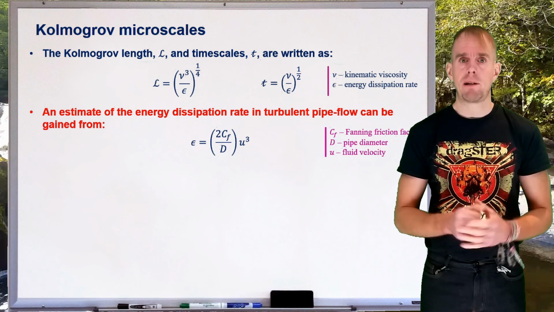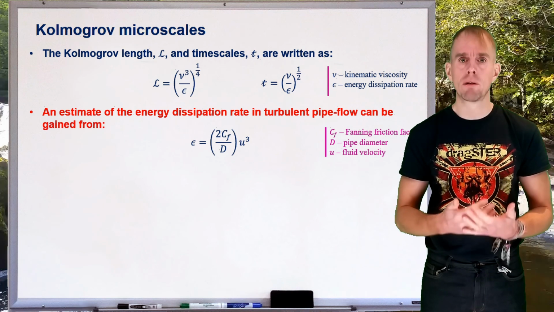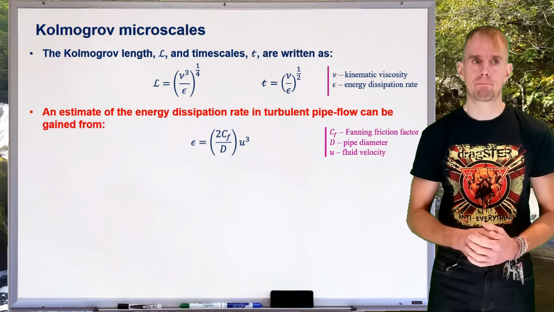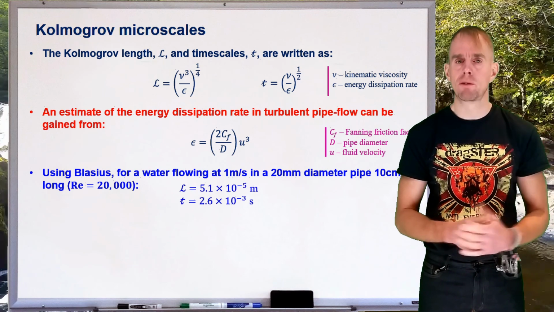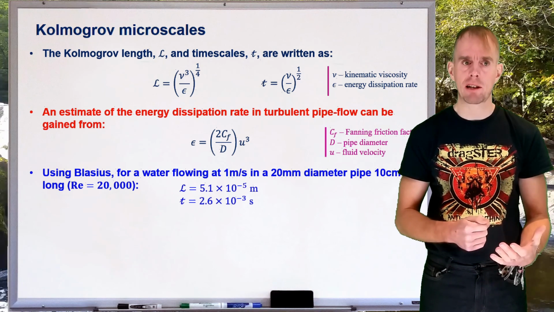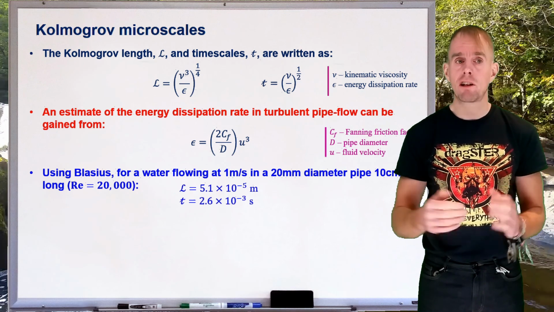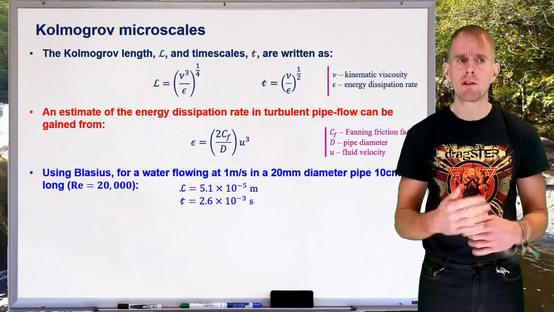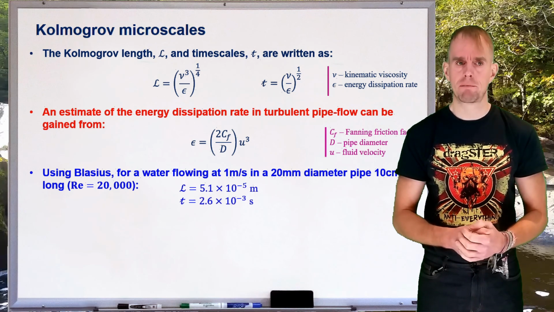So let's make some estimates as to what these length and time scales are for a simple turbulent pipe flow problem. Imagine that we have water flowing with a superficial velocity of about 1 metre per second in a pipe that is 20 millimetres in diameter and about 10 centimetres long. Let's also say that our flow is turbulent and our Reynolds number is about 20,000.